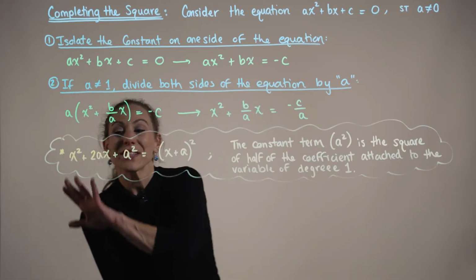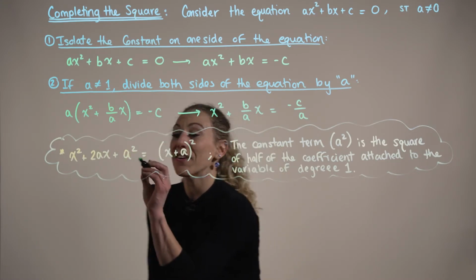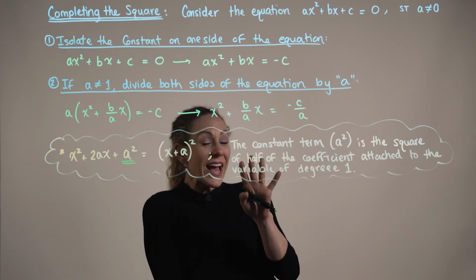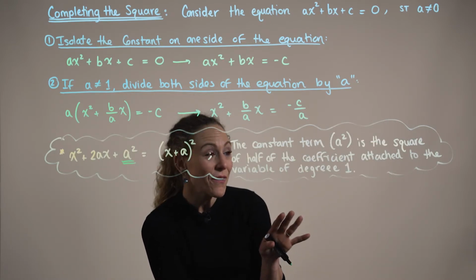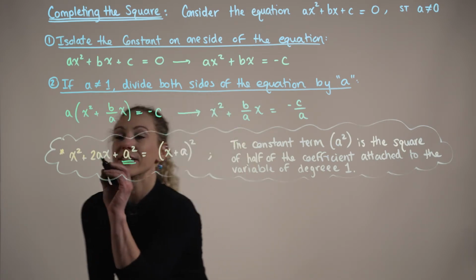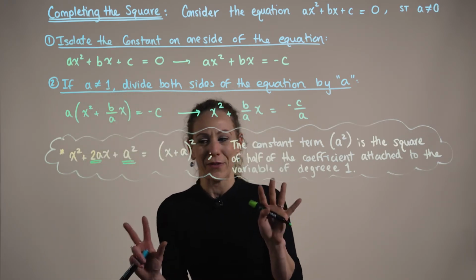So recalling the square of a binomial, we can observe here that our constant term, a squared, is in fact the square of half of the coefficient attached to the variable of degree 1, 2a.